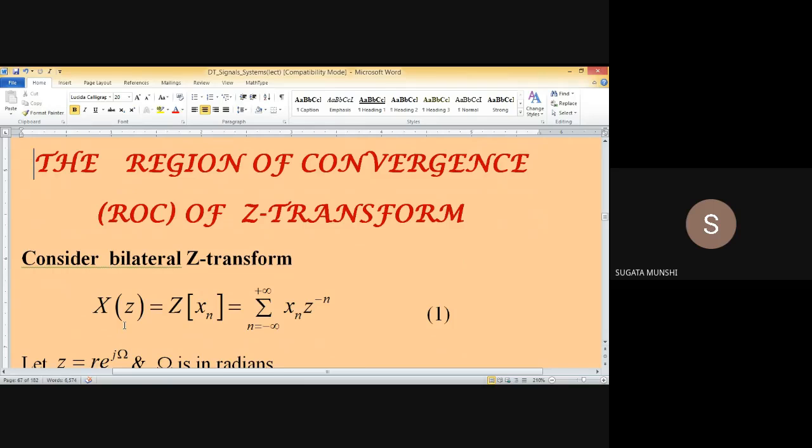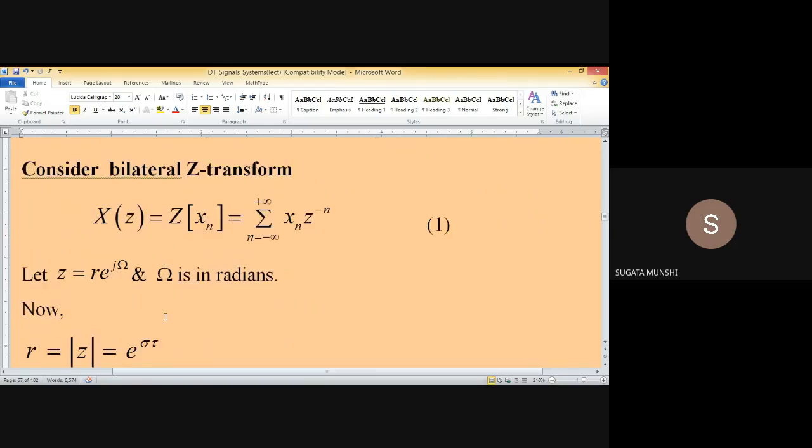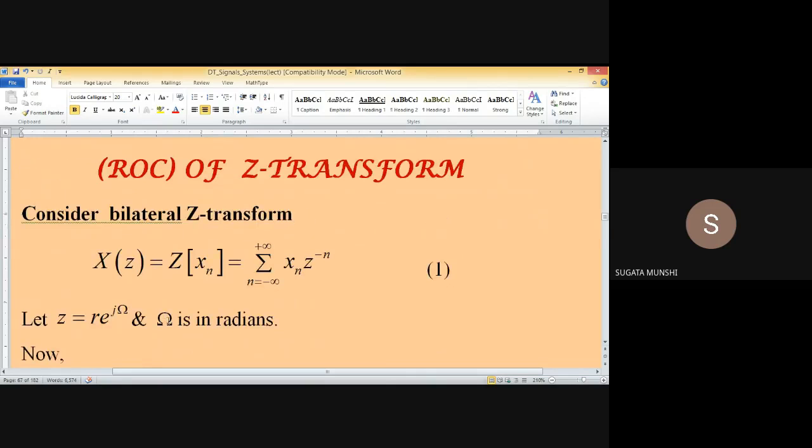Say z is equal to r times e to the power j omega. Obviously, r is the magnitude of z, and here the argument of z is capital omega. Therefore, capital omega has to be in radians.